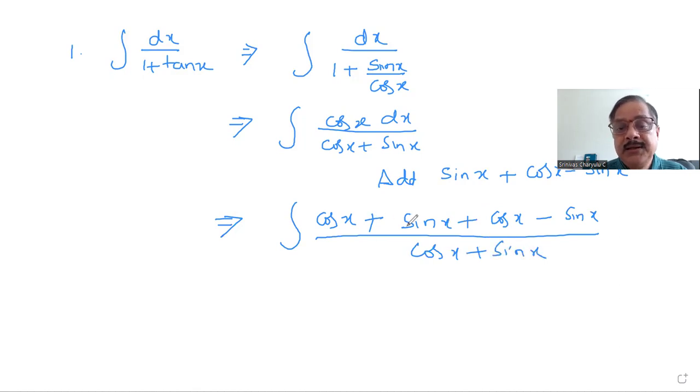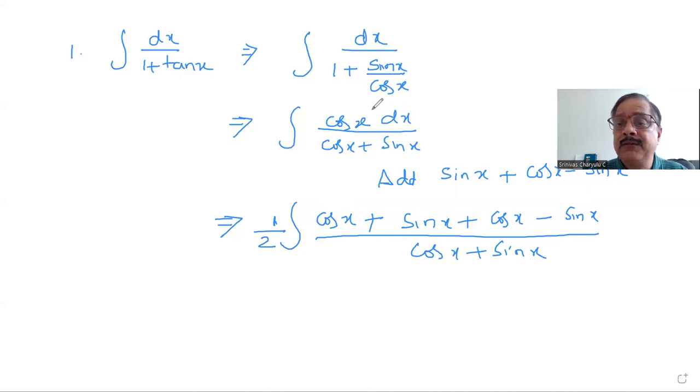Now understand, sin x and sin x cancel even after adding. But cos x plus cos x gives 2 cos x. In the numerator, we are having only 1 cos x, so we put half outside. That entire expression on the numerator, if you simplify, still gives cos x back. So this substitution we have to remember.